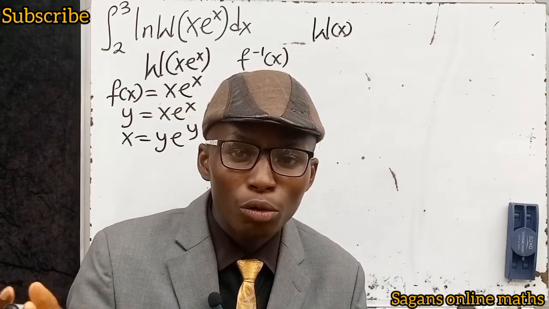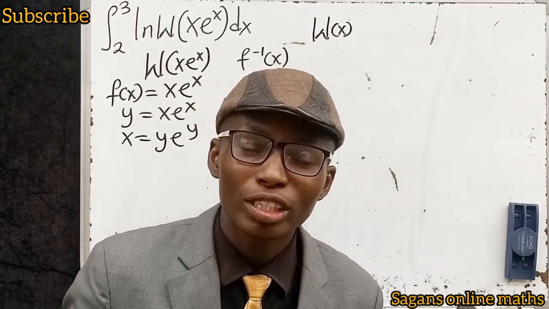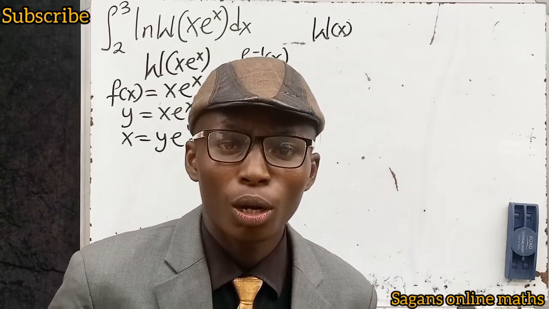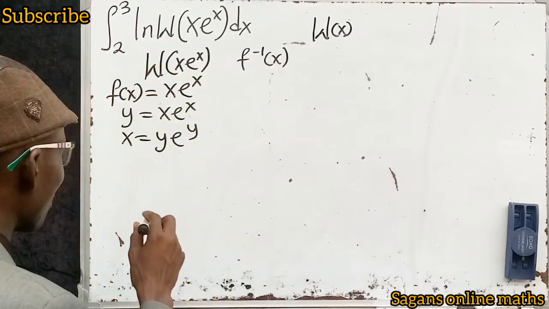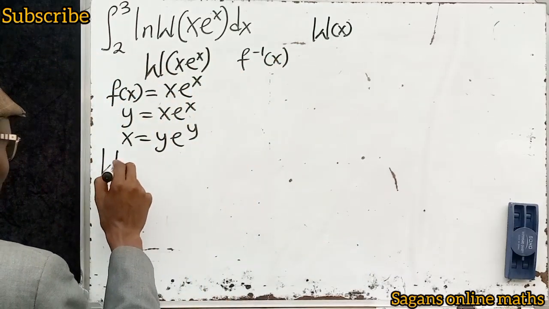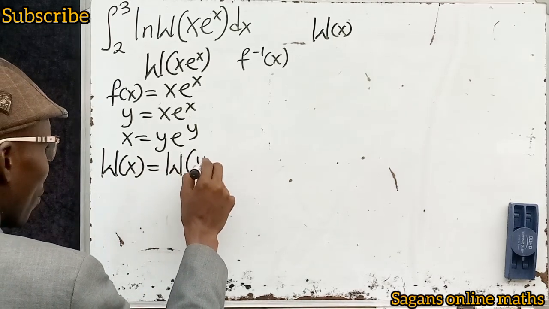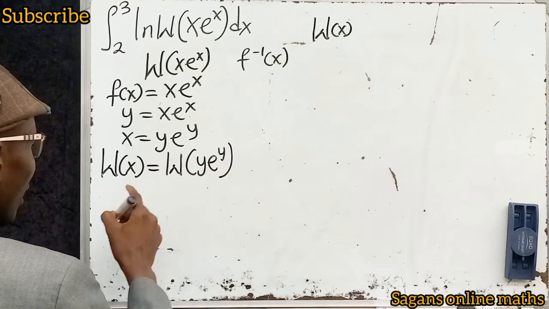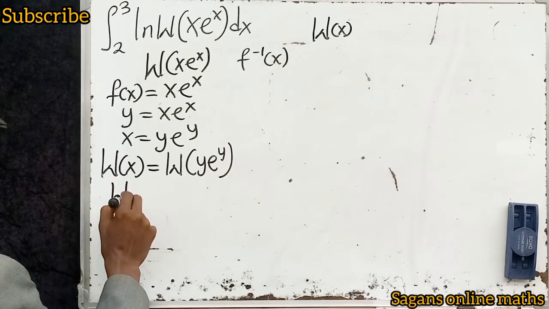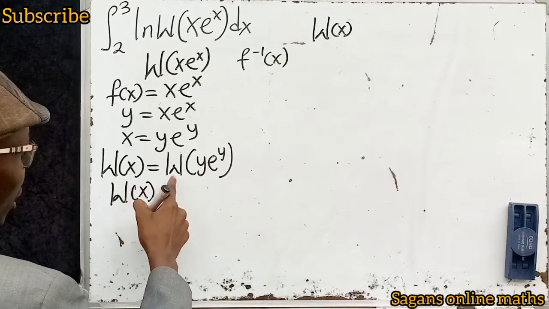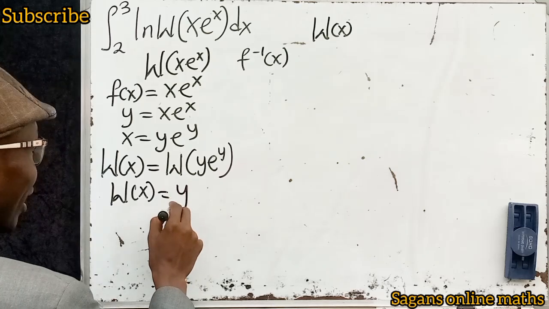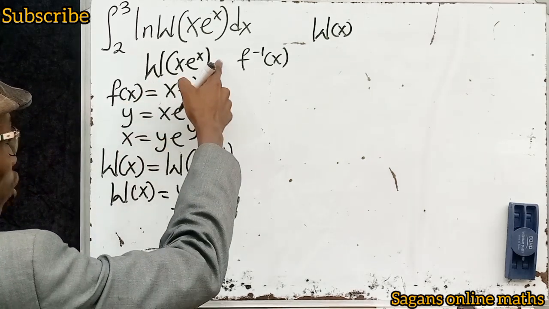Okay. Now how are we going to get the value of y? That's why I have to take the Lambert derivative function of both sides. Now let's take the Lambert derivative function of both sides. That means the derivative function of s is equal to the derivative function of y multiplied by e to y. That means the derivative function of this is just y, and the derivative function of this is just x.